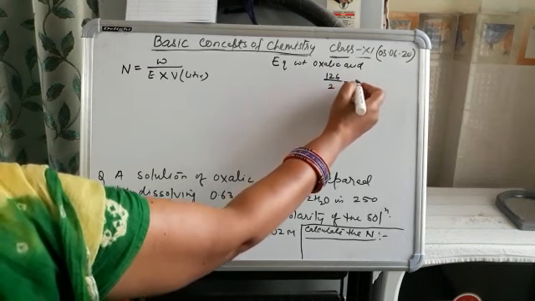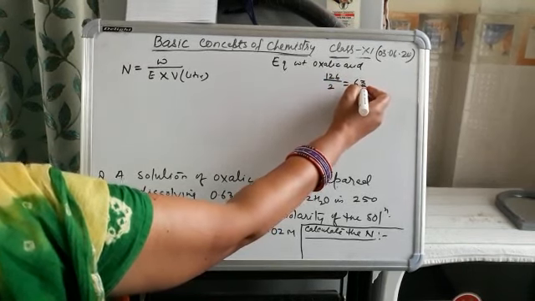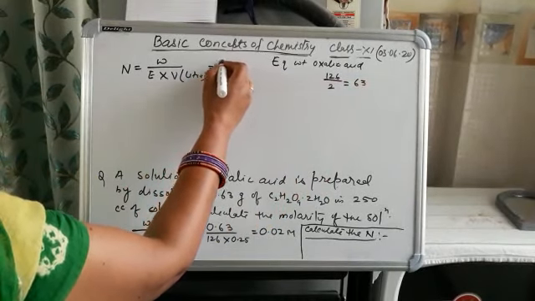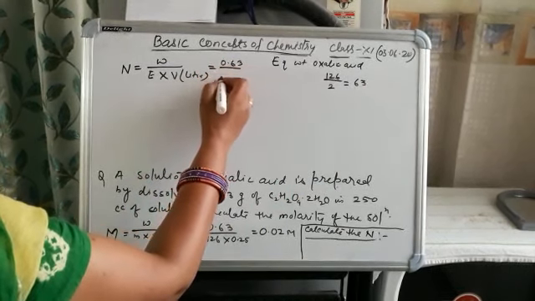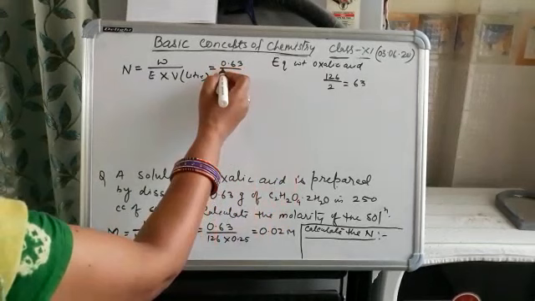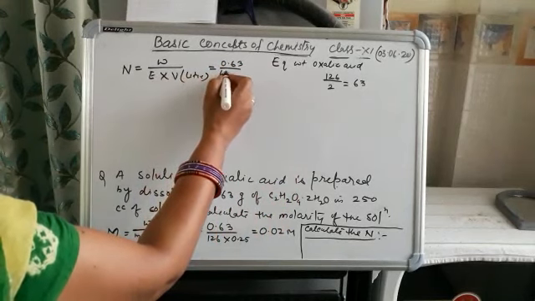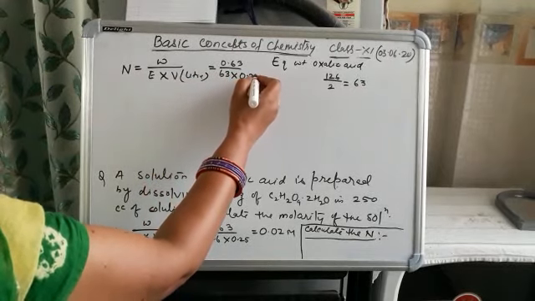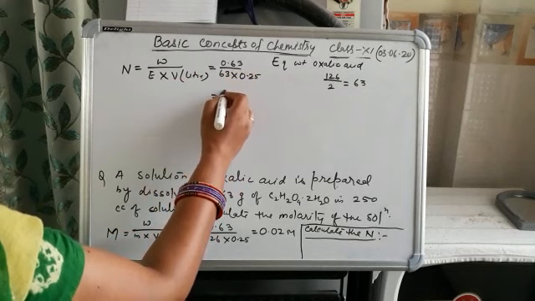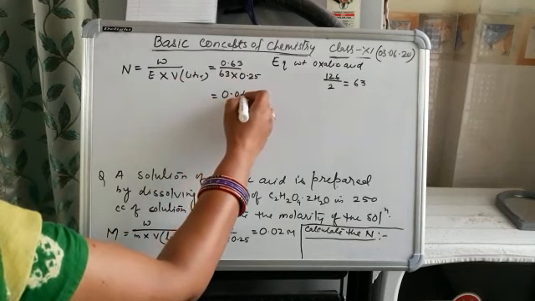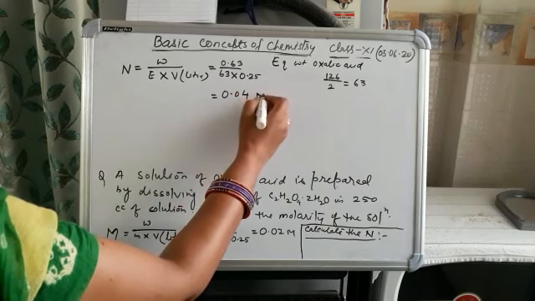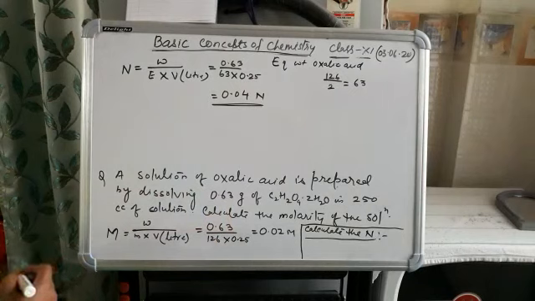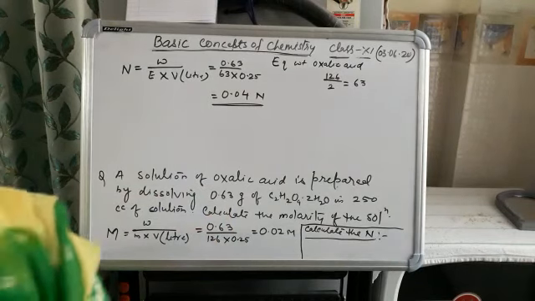Basicity is 2, so equivalent weight comes to 63. Putting in the values, given mass 0.63, equivalent weight 63, and volume 0.25 liter, the value comes to 0.04. By this simple method you can calculate molarity, molality and normality.